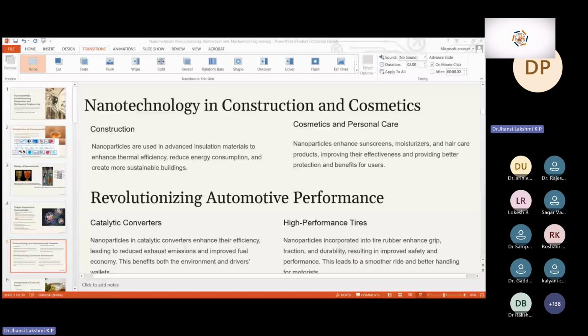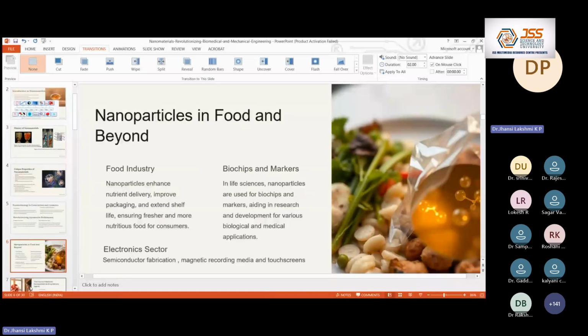Again, nanoparticles incorporated in rubber tires increase the traction and grip of the tires, and the life of the tire is increased because of the nanoparticles. Nanoparticles are seen even in food industries also.